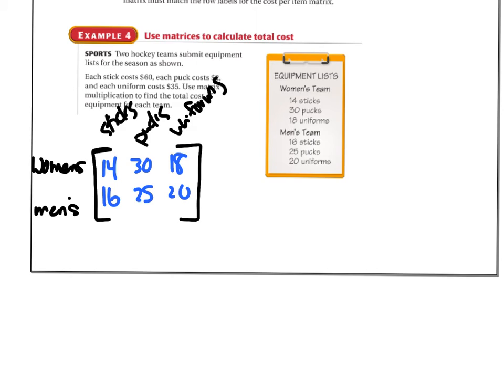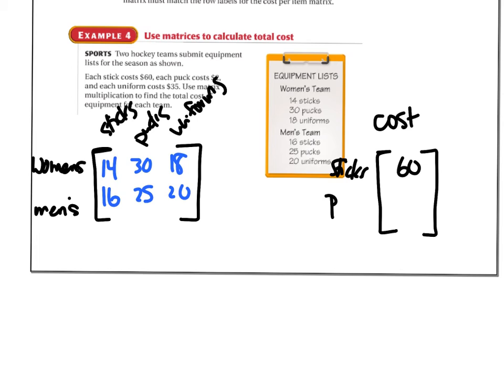We're going to take that matrix and, well, now we're going to write our cost matrix before we do anything with that. So let's write our cost matrix over here. And it will be written in a 3 by 1 form. Okay, so my sticks cost $60, and my pucks cost $2, and my uniforms cost $35.